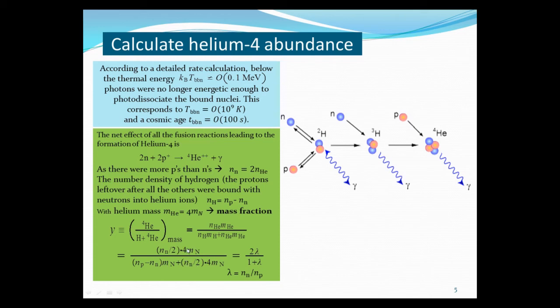Now if I cancel all the nuclear mass factors, the top is 2 divided by 4 divided by 2, which is 2, and then the whole thing is divided by the number of protons, so it becomes N_n divided by N_p, which is lambda. In the same way, the bottom is divided by N_p, which is 1, minus 1 from this and plus 2 from this, so it's plus lambda. So the mass fraction of helium is 2 lambda over 1 plus lambda. Lambda is the ratio of the neutron to proton number.